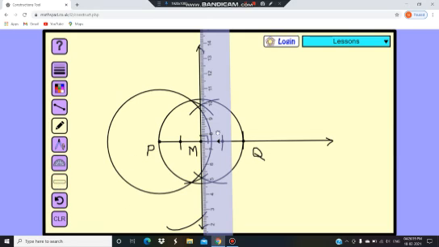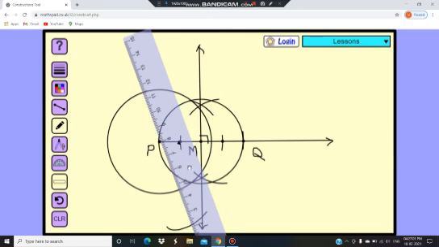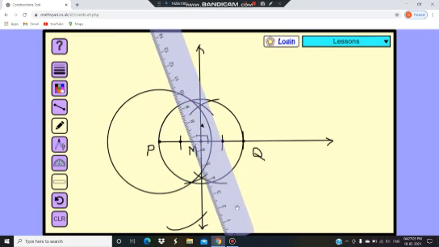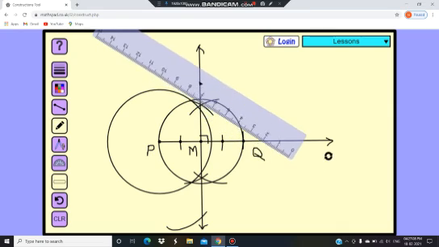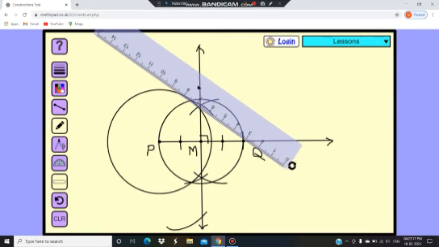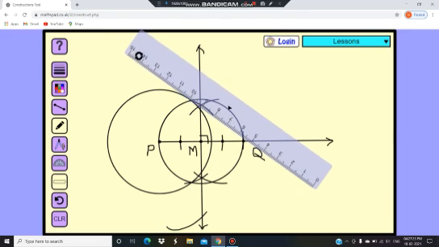So with the scale, now see, through the point Q, and through the point where the two circles are intersecting, we have to pass one line.